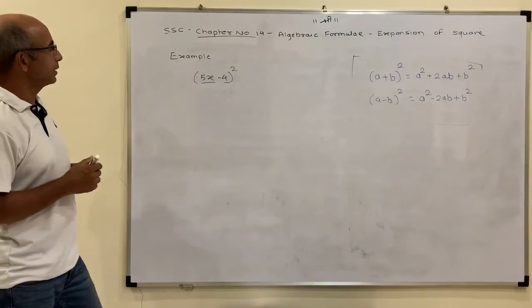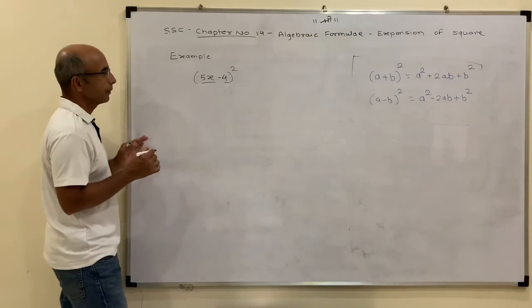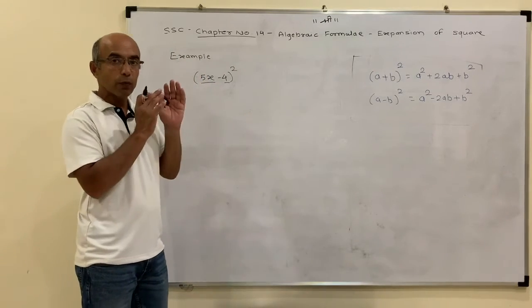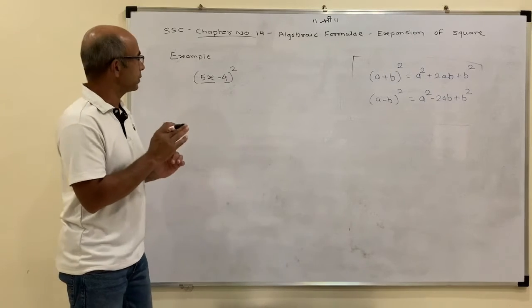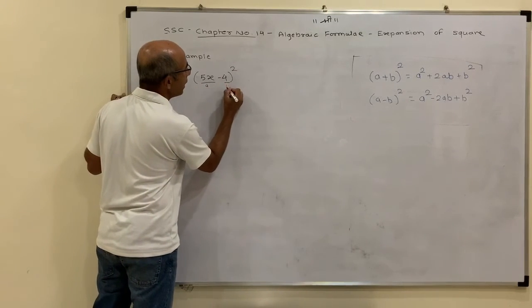Now let's consider this example: (5x − 4)². Now this is our formula: (a − b)² = a² − 2ab + b². In this equation, my 5x is my a and 4 is the b.